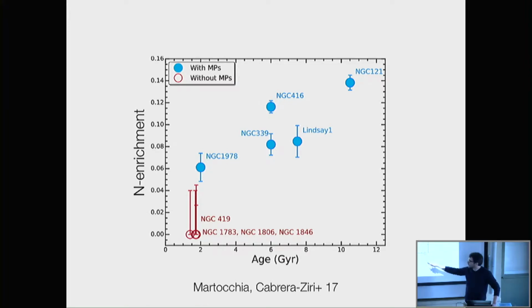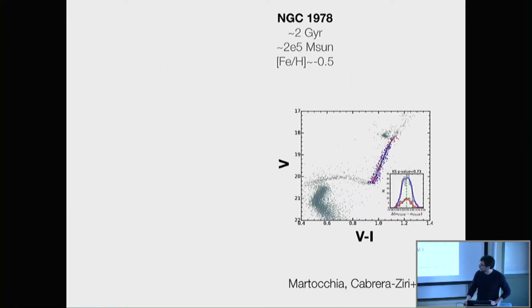This is still happening today. We have non-detections of these chemical variations in ages younger than 2 gigayears. They might be there, but they could be not as severe as these guys, so we don't see them. So let me show you an example.